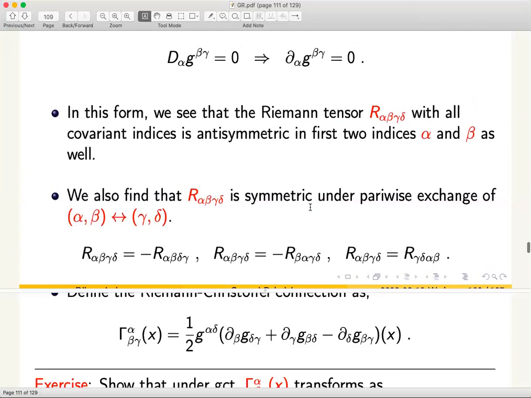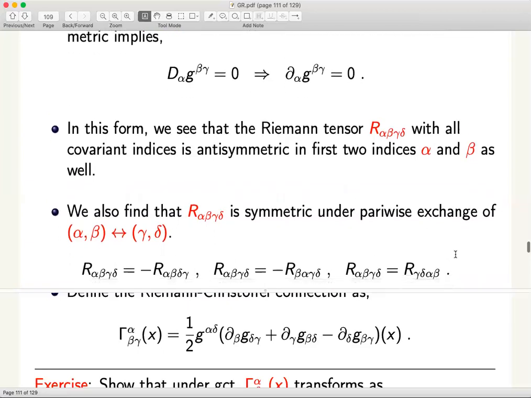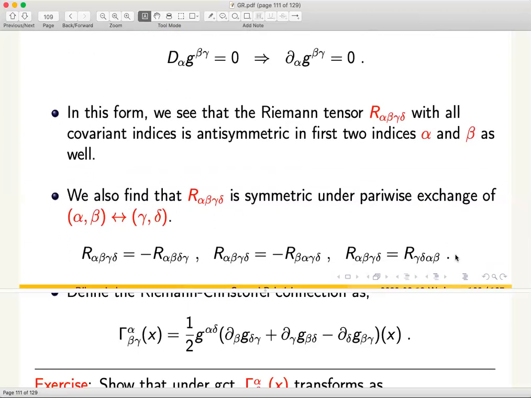So quick summary of what we said is here. R alpha beta gamma delta is minus R alpha beta delta gamma. R alpha beta gamma delta is equal to minus R beta alpha gamma delta, and R alpha beta gamma delta is equal to R gamma delta alpha beta. Okay. So these are the three properties that we looked at. You can check it once again by looking at the expression written out in the gamma equals 0 frame.